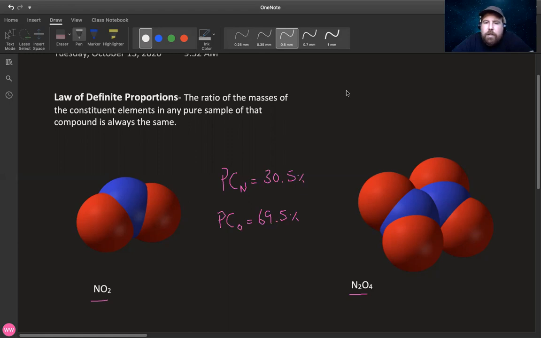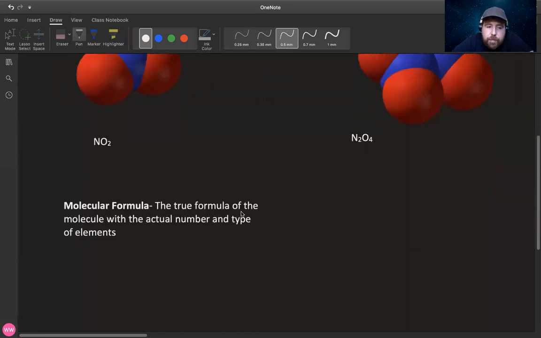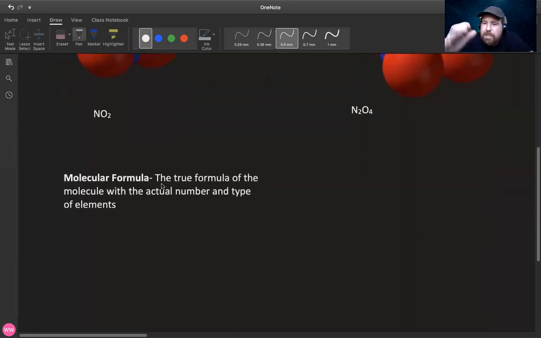So the way we do this is with information regarding the empirical and molecular formula. The molecular formula is the true formula of the molecule, indicating the number and type of elements.